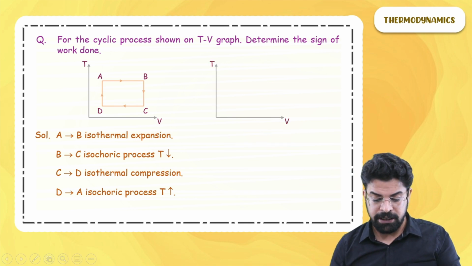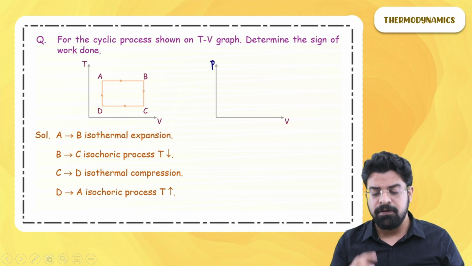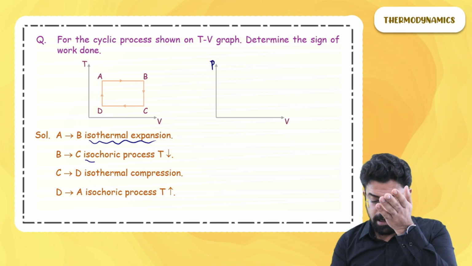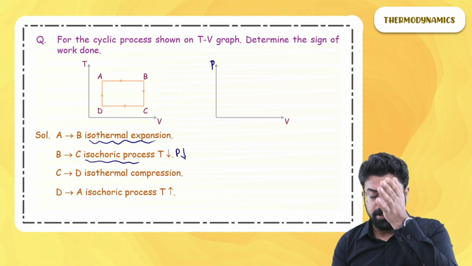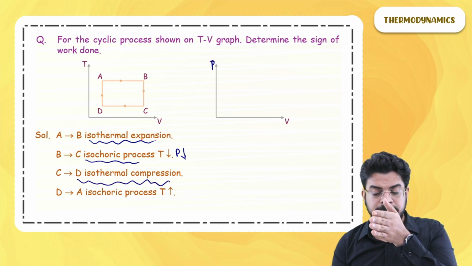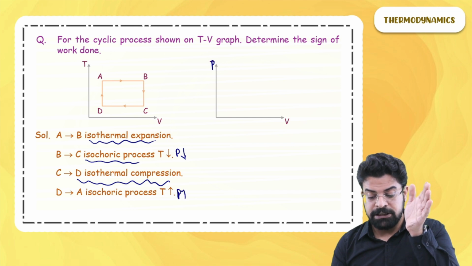So if you think of this graph on PV, what does it look like? First isothermal expansion, then an isochoric process in which the pressure decreases, then isothermal compression, then an isochoric process in which the pressure increases.